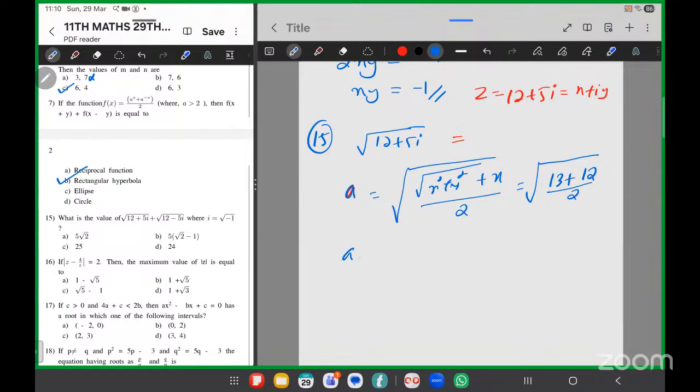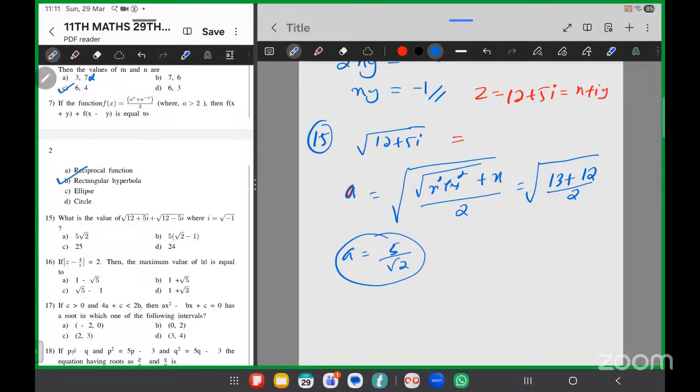So it will become a equal to root of 13 plus 12 is 25, 25 का रूट 5 आएगा, so 5 by root 2. A equal to 5 by root 2.